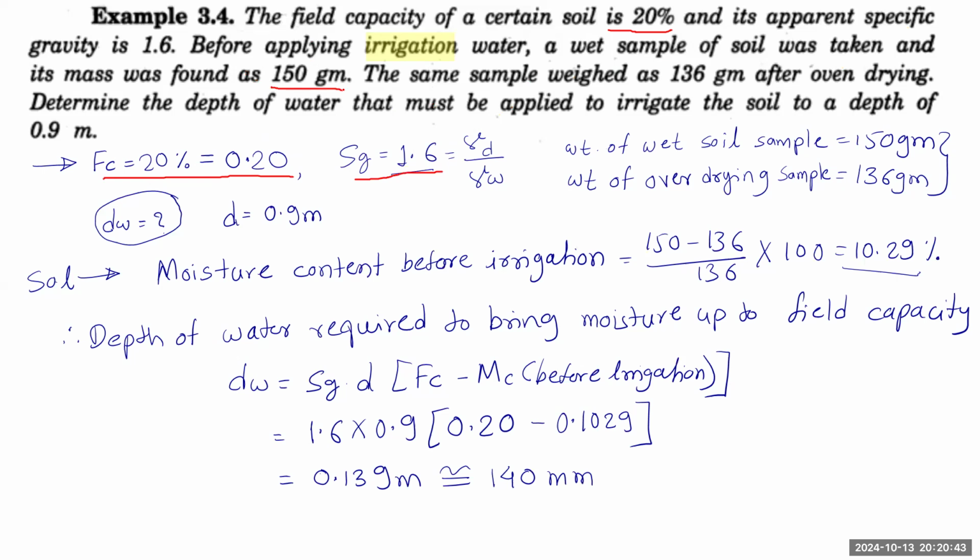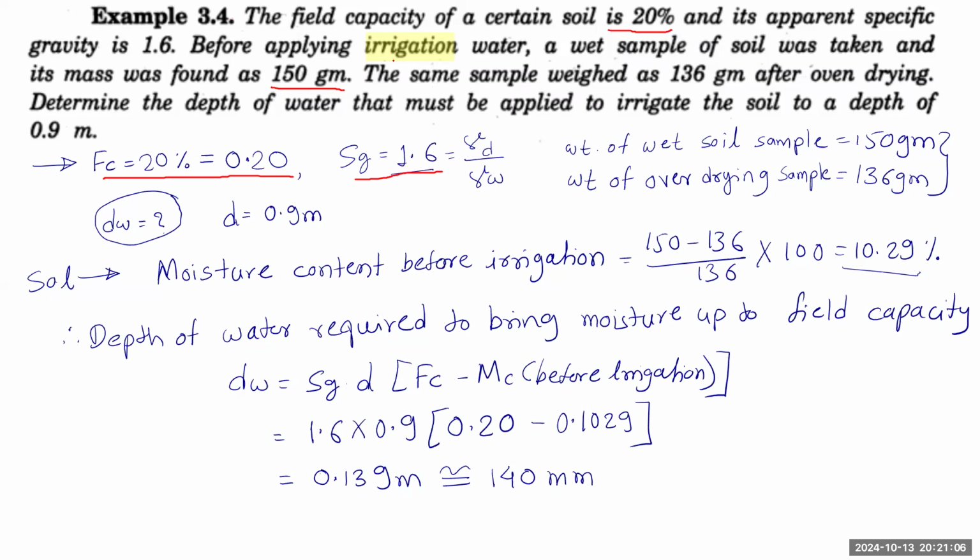Before applying the irrigation water, we need to find out the moisture content. Now see, in the previous problem the moisture content was given as 8%. But here the moisture content is not given directly. Instead, some values are given so that from these values we have to find the moisture content before applying irrigation.